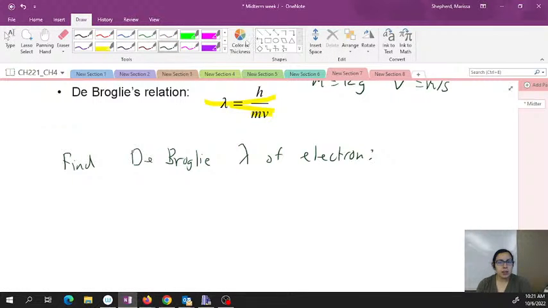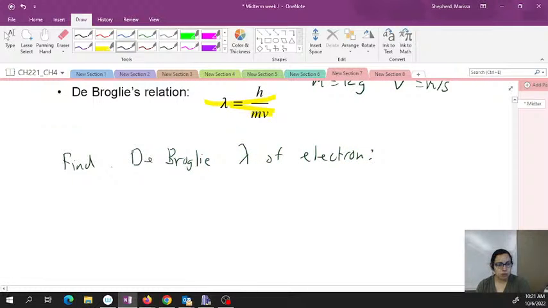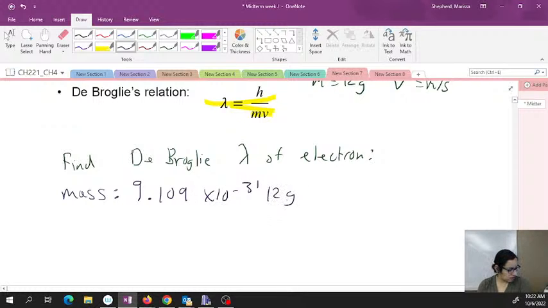First we need the mass of an electron. Anybody have that by any chance? It's 9.109 times 10 to the negative 31 kilograms. And then the average velocity of an electron is 5.62 times 10 to the 6 meters per second.